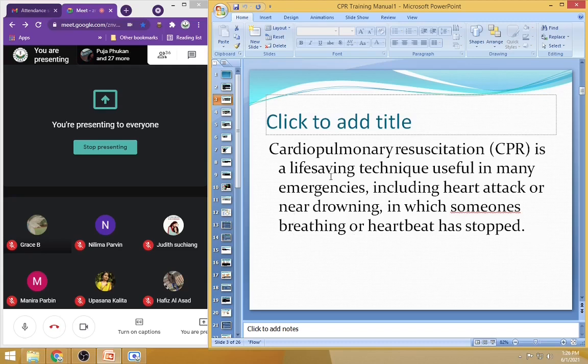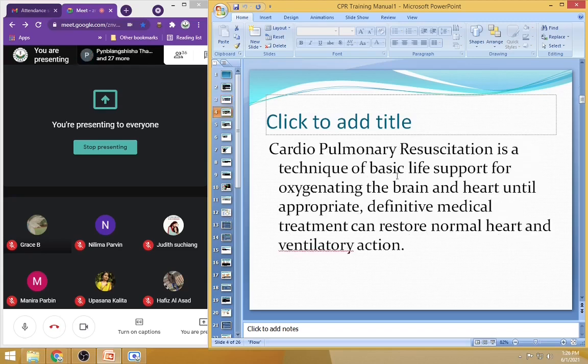It is a technique of basic life support for oxygenating the brain and heart until appropriate definitive medical treatment can restore normal heart and ventilatory action. Are you clear with that? Yes, ma'am. You can hear me? You can see the slide? Yes, ma'am.